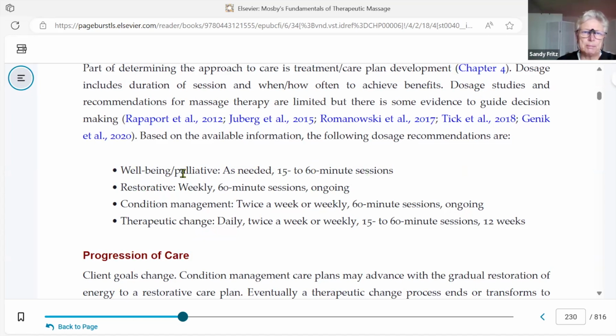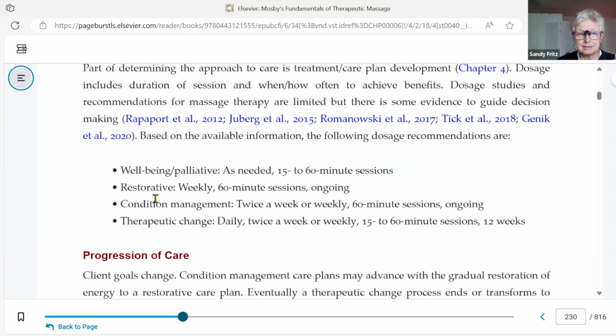So well-being, palliative, comfort care as needed, 15 to 60-minute sessions. Certainly the overall recommendation is once a week forever, but the client may or may not have the motivation to be that consistent.